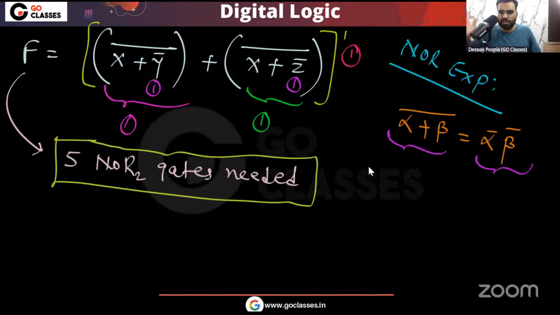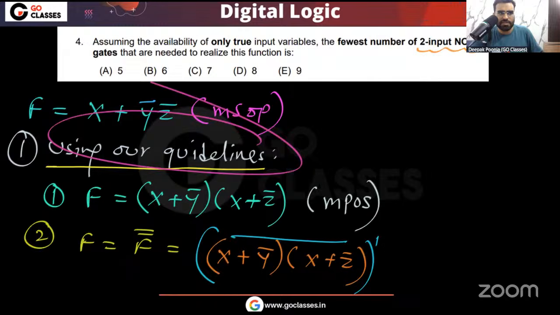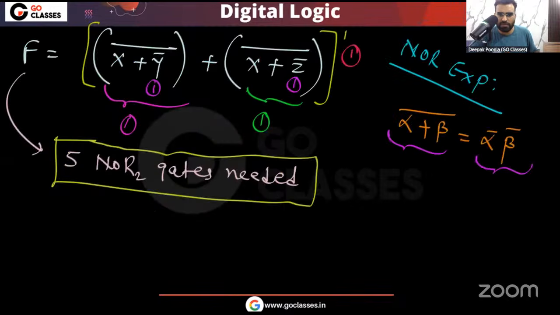So here we have this value 5. One thing is certain, that the answer will not be bigger than 5. Yes or no? The answer will be either 5 or less than 5. Okay, so using our guidelines, we got the value 5.